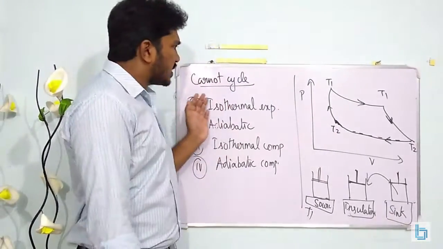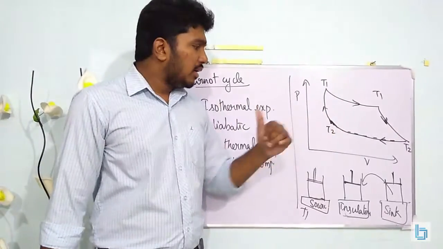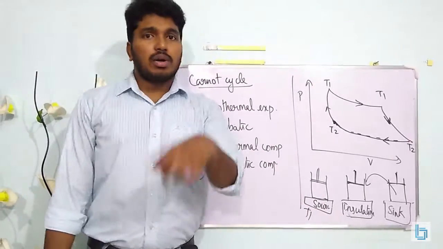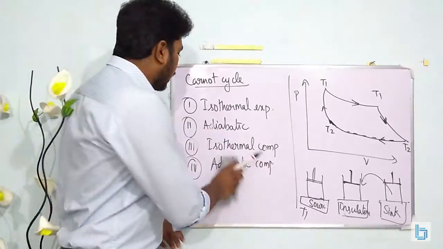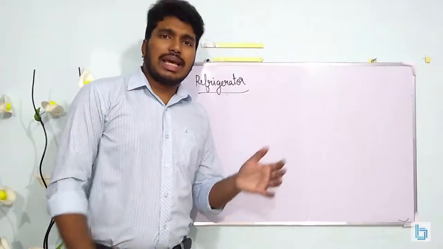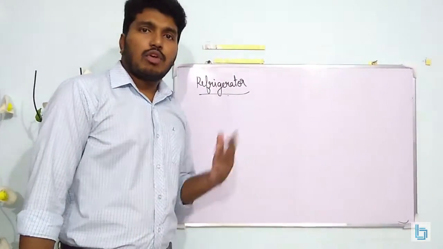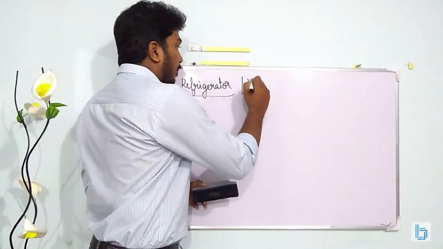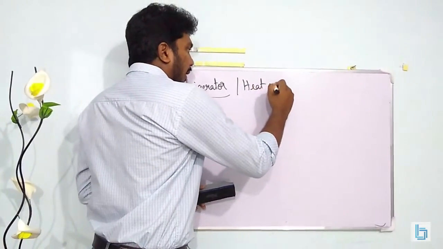Okay, so I hope this concept of the Carnot cycle is clear for you, and with this know-how, let us proceed further to the next one, that is the refrigerator. A refrigerator is a device in which the exact opposite of what took place in a heat engine takes place. It is otherwise known as a heat pump.